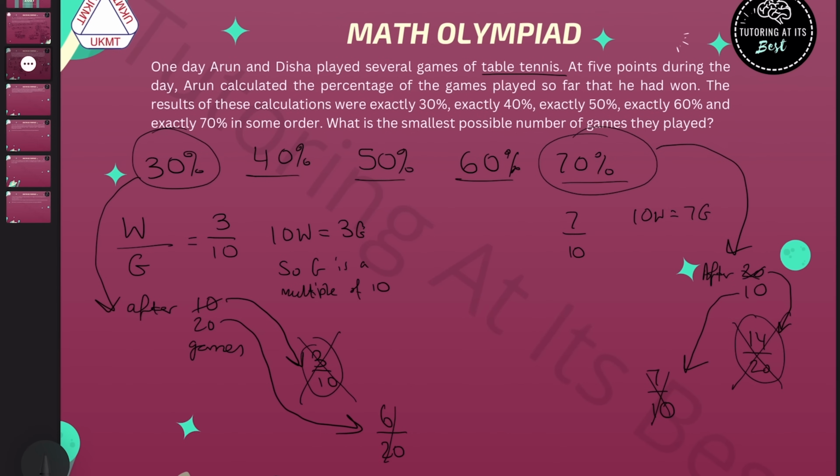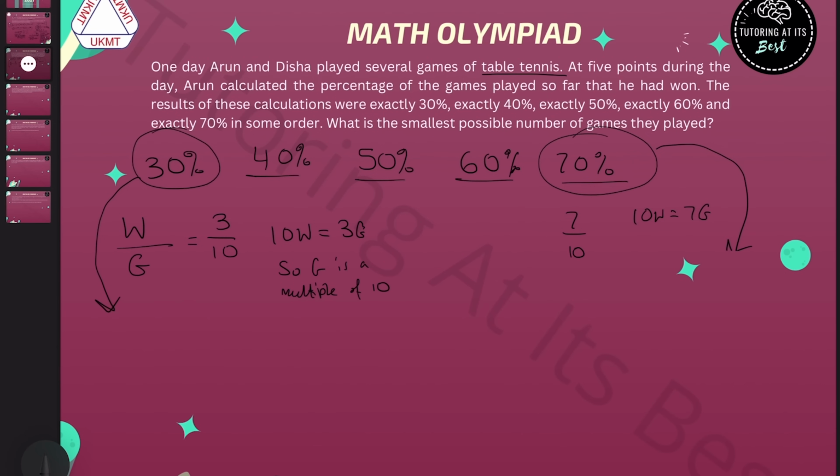Now let's see if we can actually achieve an appropriate sequence of games with 30 games. In fact, it is possible to arrange for these exact percentages to happen. Let's see what sequence we need to work with. Aaron wins just one of the first 2 games, which is 50%.